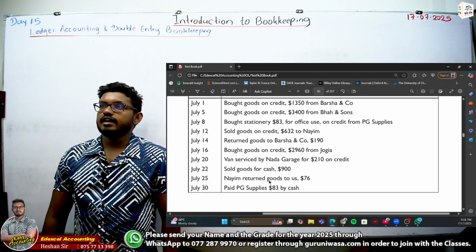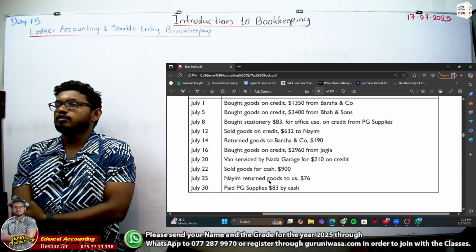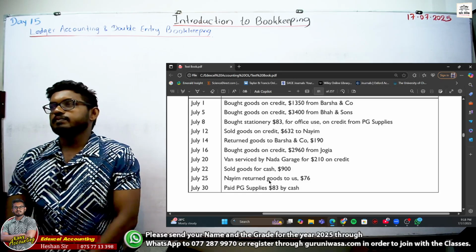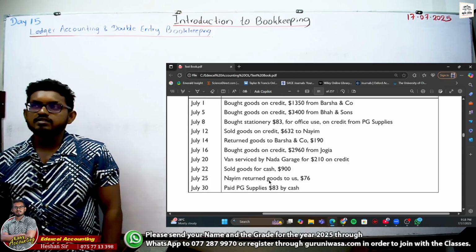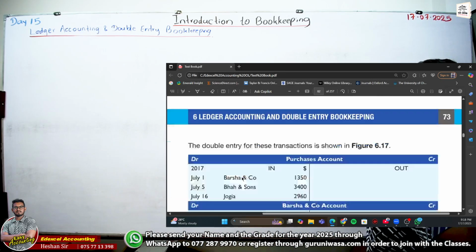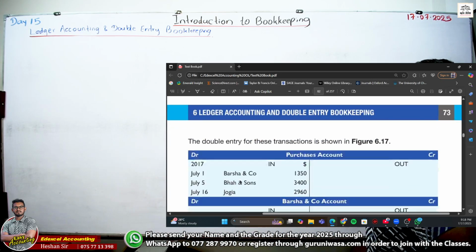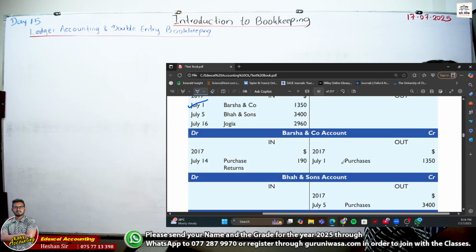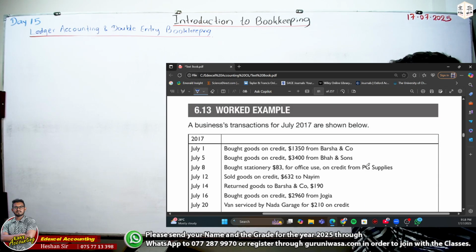Bought stationery, 84, for business use on credit from PG Supplies. Okay, let's see the first one. Bought goods on credit. So when we are purchasing goods on credit, purchase account debit, Basha and Company credit, 1,350.